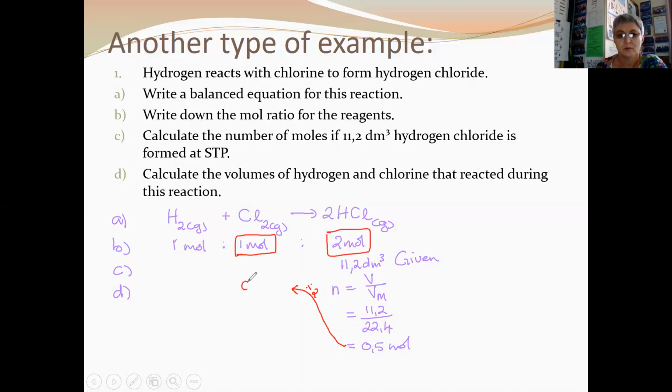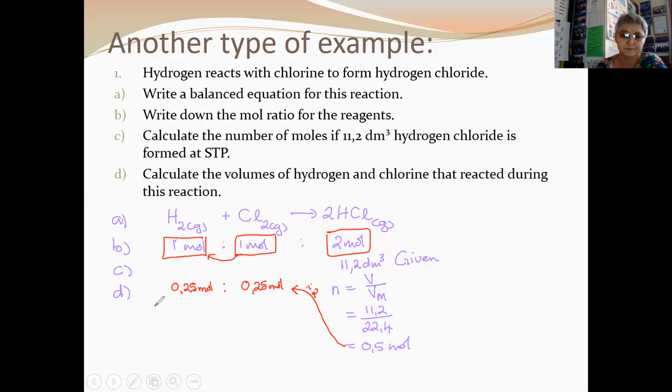So 0.25 moles of chlorine will be used in this reaction. And the mole ratio between chlorine and hydrogen is 1 to 1. So if 0.25 moles of chlorine was used, 0.25 moles of hydrogen would be used.